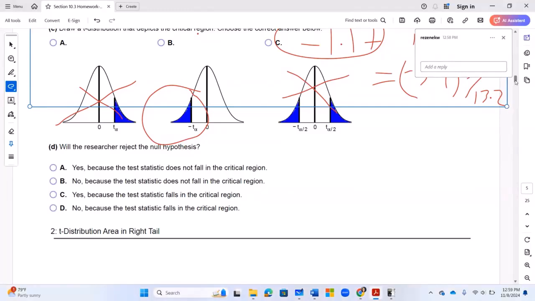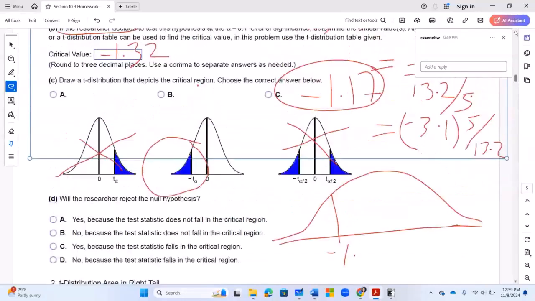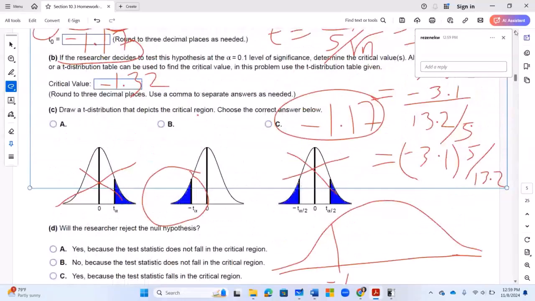So the researcher will accept the null hypothesis because my test statistic fell into the acceptance region. Let me draw that picture. My calculated test statistic is negative 1.17, and the critical value fell right here.